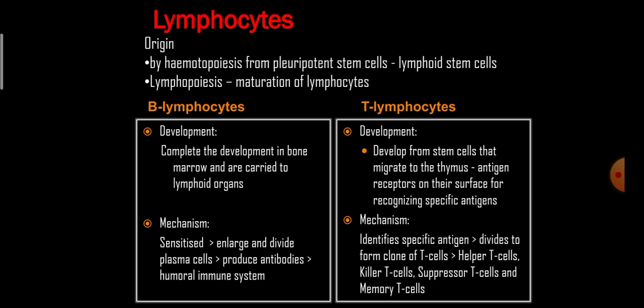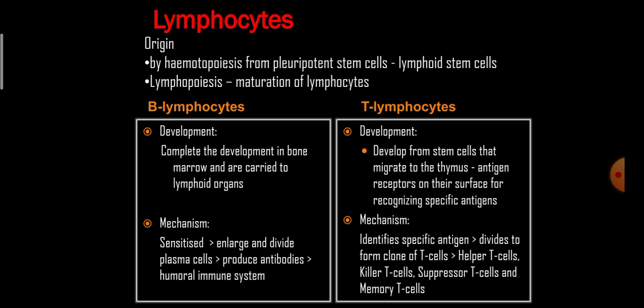In general, let's see the origin of these B and T lymphocytes, and where this takes place. Although these B and T lymphocytes are present in the lymphoid organs or lymphoid tissues, they develop or originate in the bone marrow along with the other blood cells.